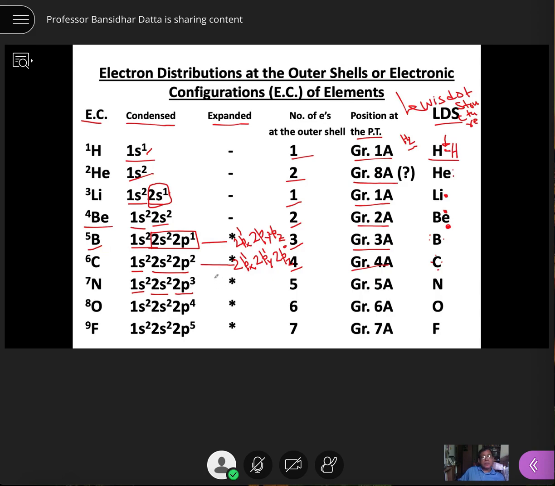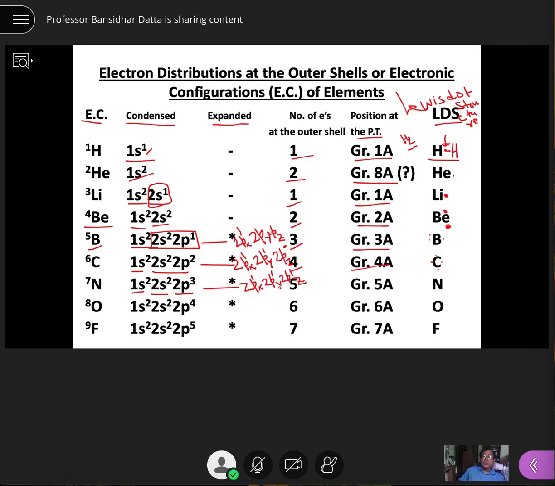The expanded will be the same thing, 1s2, 2s2, then you write 2px, 2py and 2pz. You have 3 electrons in the same energy orbitals; according to Hund's rule, 1 each. So equal distribution.